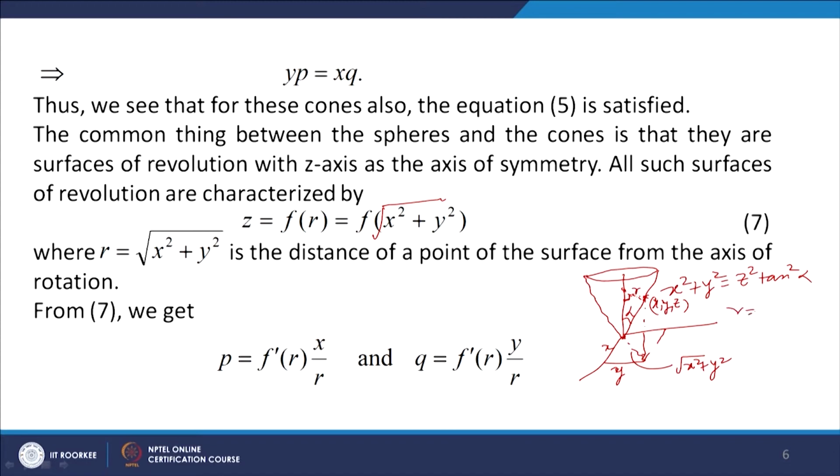So, r is under root x square plus y square, where r is the distance of a point of the surface from the axis of rotation.